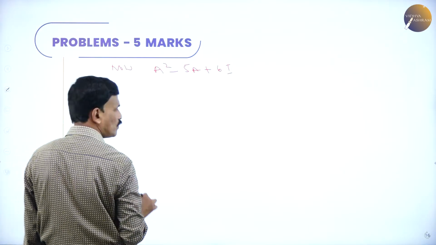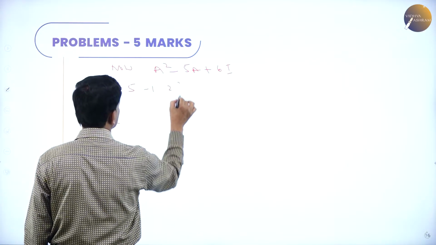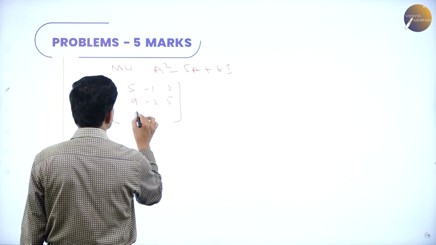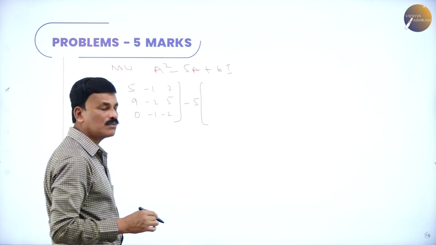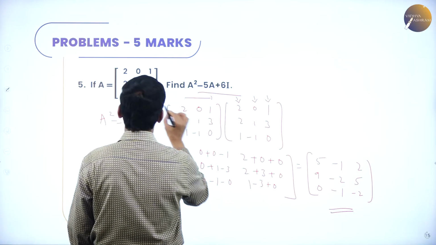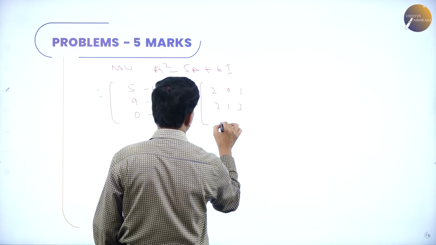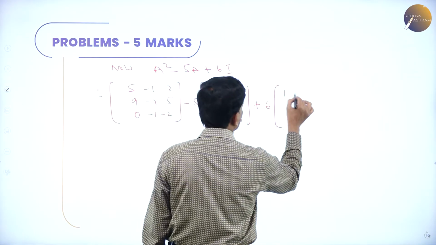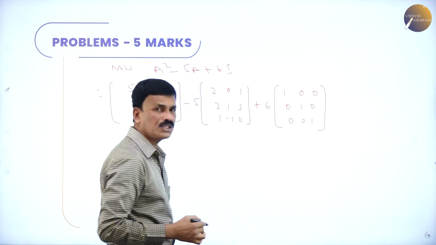This is equal to, substituting the value of A square, [5 -1 2; 9 -2 5; 0 -1 -2], minus 5 into, substituting the value of A, which is nothing but the given matrix, [2 0 1; 2 1 3; 1 -1 0], plus 6 into an identity matrix [1 0 0; 0 1 0; 0 0 1] of order 3 rows, 3 columns.